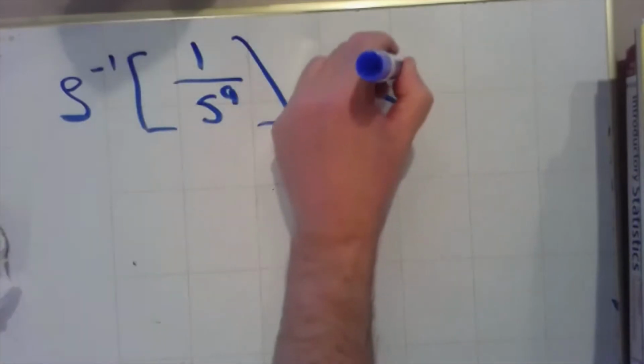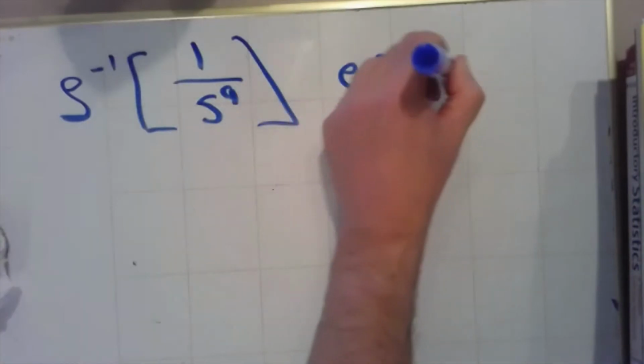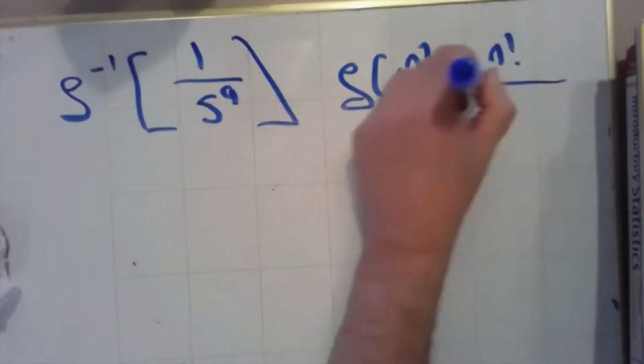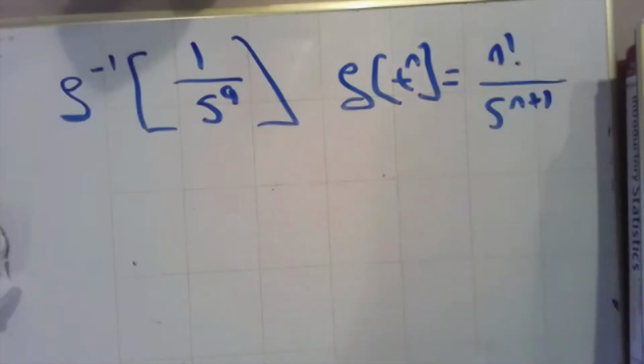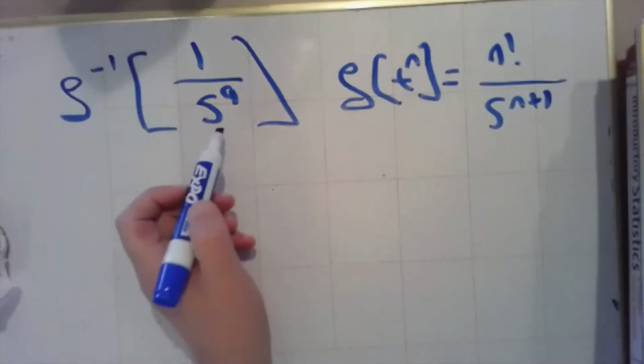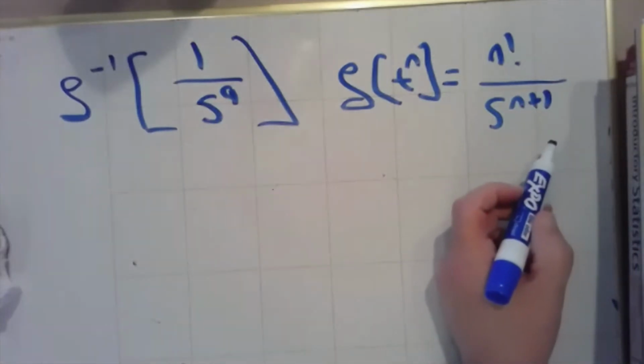So if I wanted the inverse Laplace transform of 1 over s to the 9th, I'm going to use this formula that the Laplace transform of t to the n is n factorial over s to the n plus 1. I'm going to make this look like this.